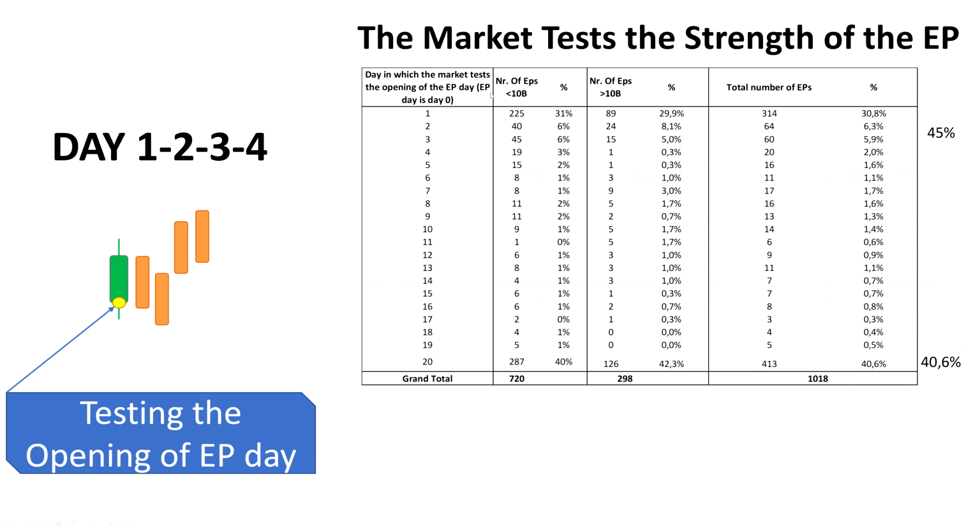So that's what this graph shows, that in most of the cases in day 1, 2, 3, 4, in 45% of EPs, they will go below the opening the first time in day 1, 2, 3, 4.